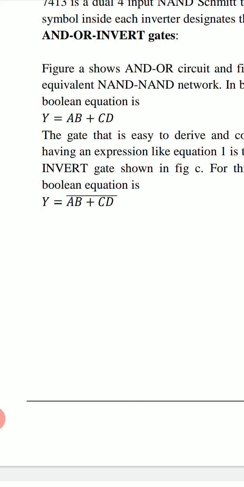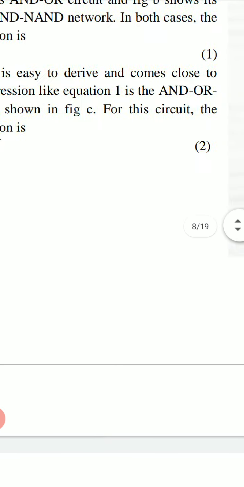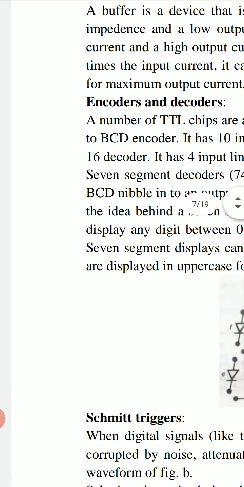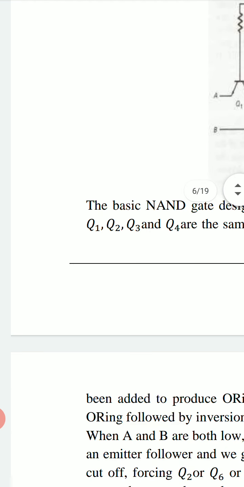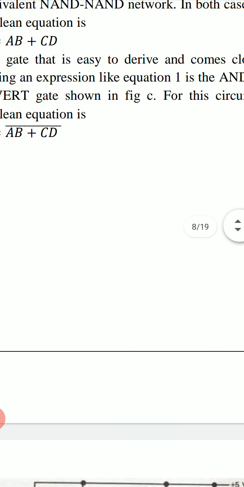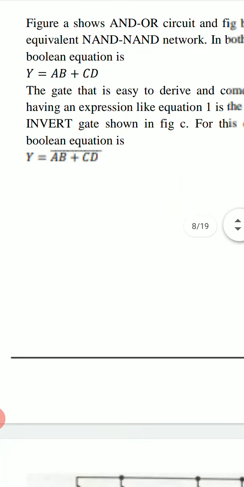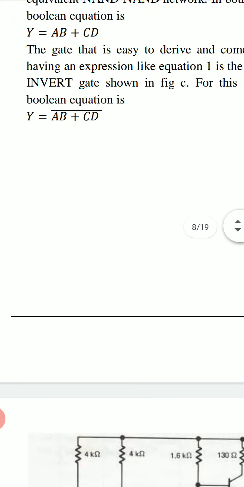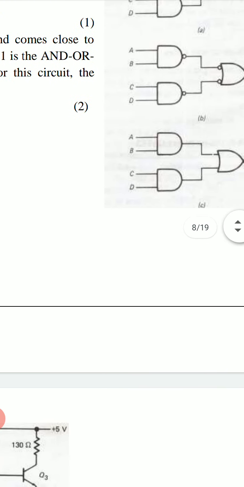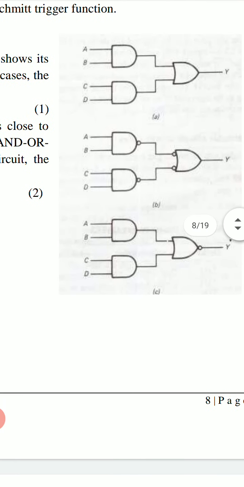This circuit is known as an AND OR circuit. The gate that is easy to derive and comes close to having an expression like equation 1, that is Y equal to AB plus CD, is the AND OR invert gate shown in figure C. Figure A shows an AND OR gate.